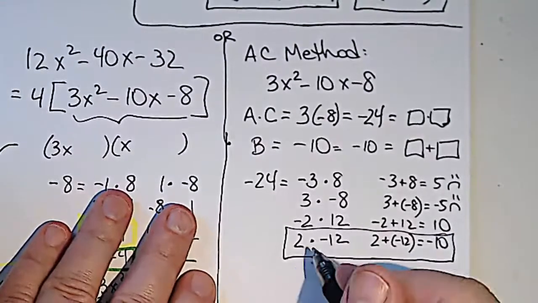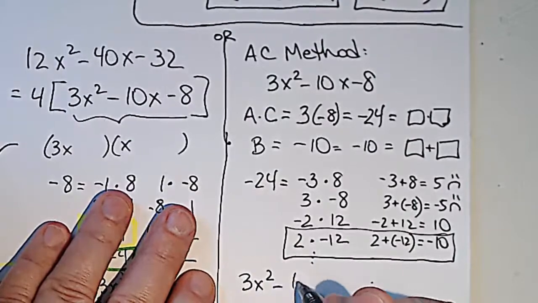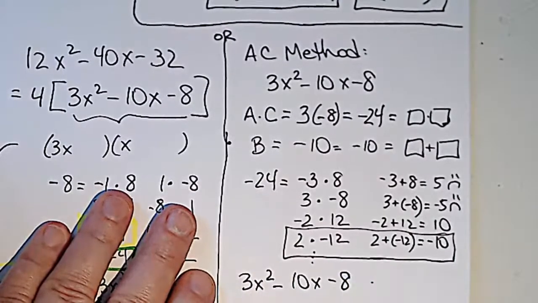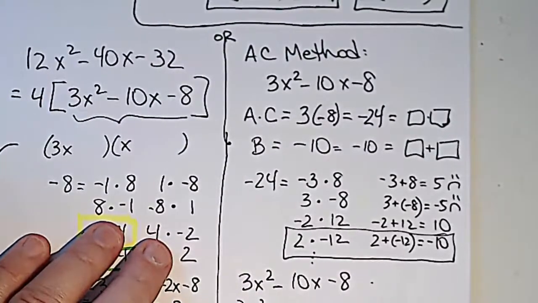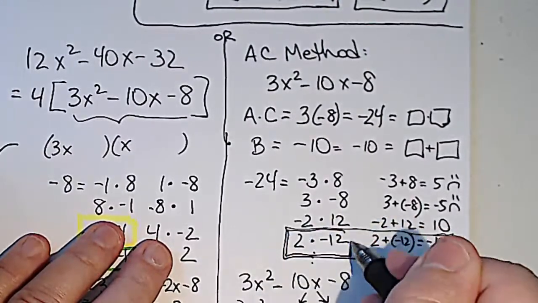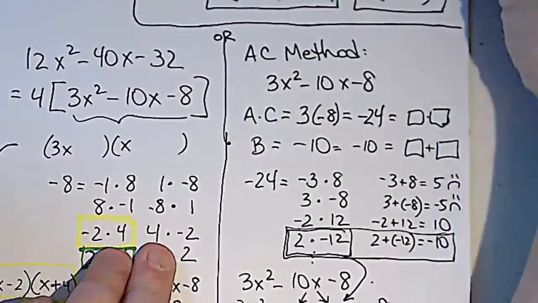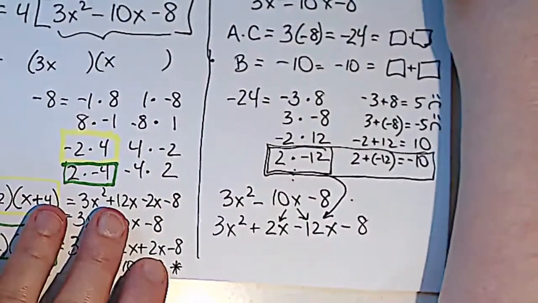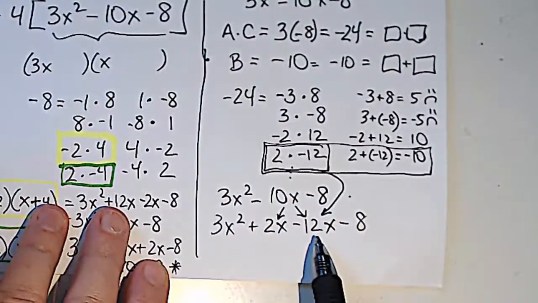So then what we do is we take these two numbers and we say 3x squared minus 10x minus 8 is really 3x squared plus 2x minus 12x minus 8. The 10 opens up to be these two numbers right there. The 2 and the negative 12 go right there.